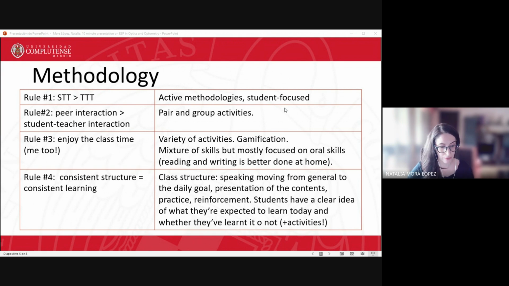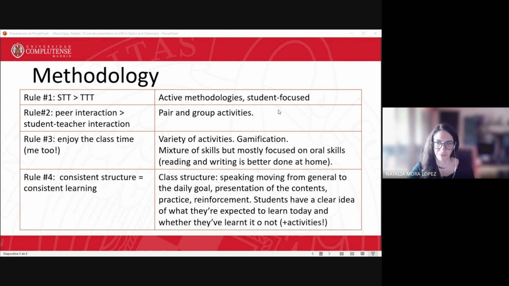And by actively, I mean mentally active. Because if they're, for example, writing notes, they are active, they're writing a lot, but it's not mentally active. They are not thinking about what we are saying, they're just writing it down. So that's not what I mean. I mean mentally active, so they have to do something in which they need to think and then come to a conclusion or whatever.